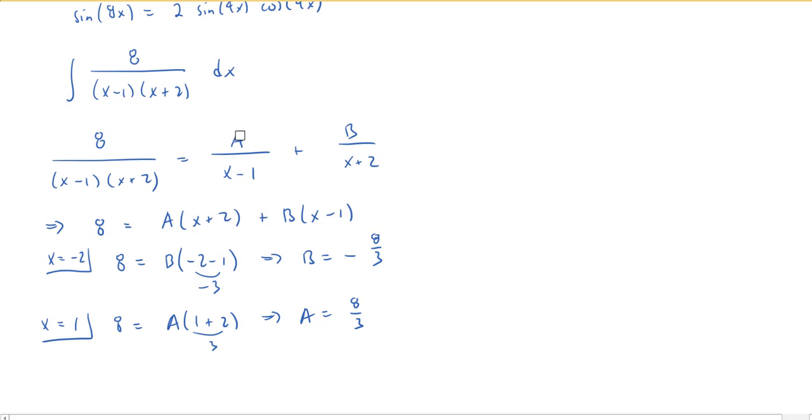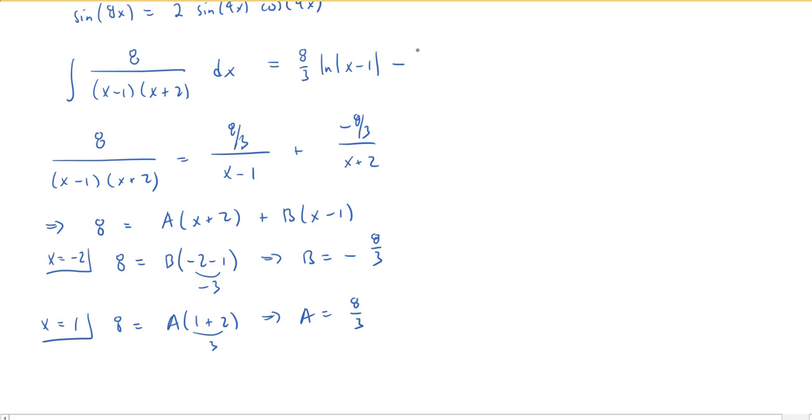Okay, so we can go back up here, replace our A with 8/3, and our B with -8/3. And so computing this antiderivative is now going to be very straightforward. We're going to get 8/3, the natural log, absolute value of x minus 1. Okay, we could check this by taking a derivative. And the only interesting part is we would have to use the chain rule, but the derivative of x minus 1 is 1, so nothing interesting happens.